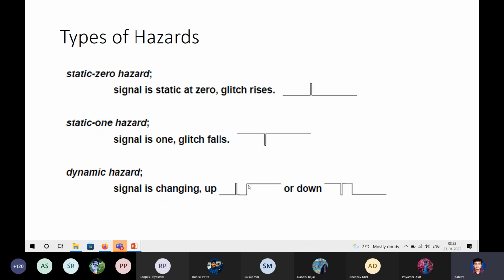You use a clock, and you use a clock width which is more than the time of the glitches. Glitches are very momentary. It's around the time of the delay of a circuit, which is very, very small. So you have a clock cycle which is wider than these delays. And you wait for a clock cycle and the glitch will settle down by that. After that, you consider the output.